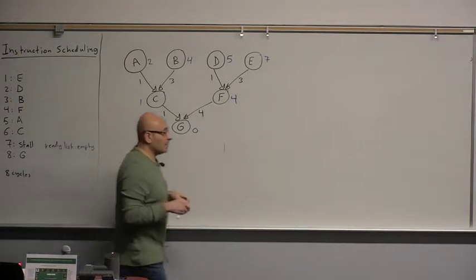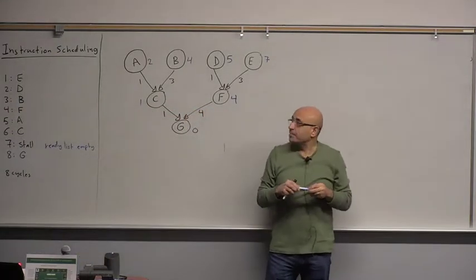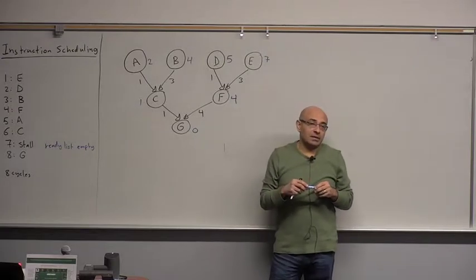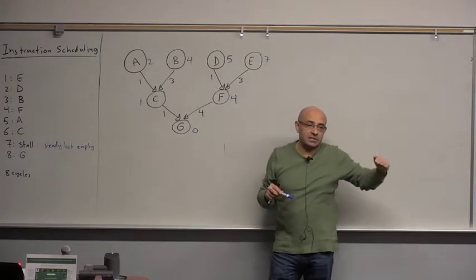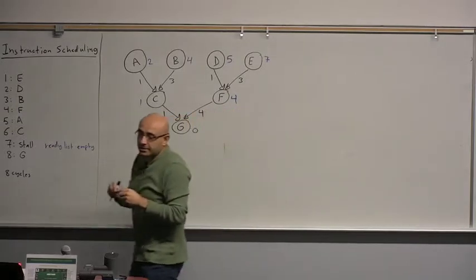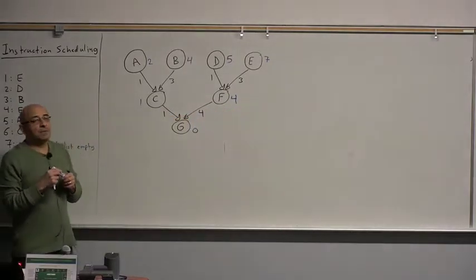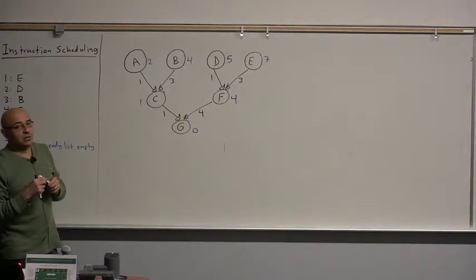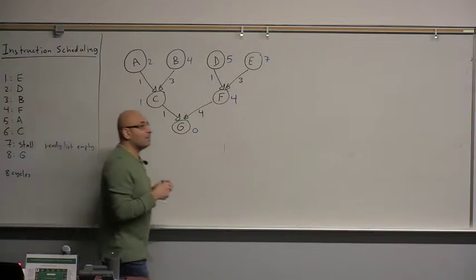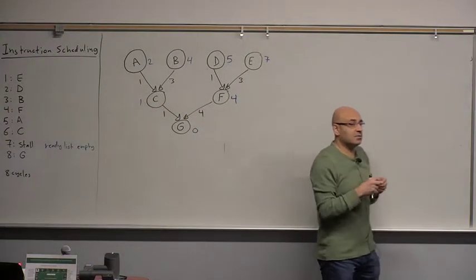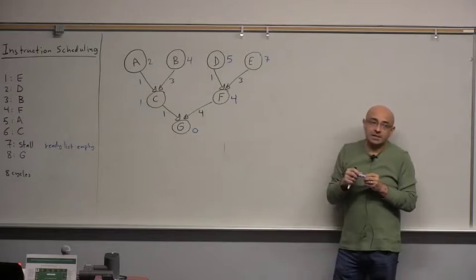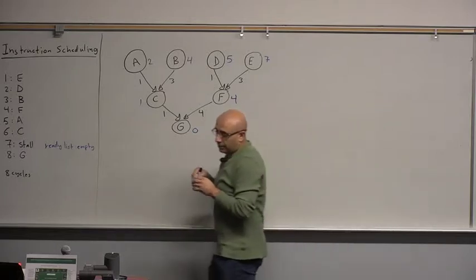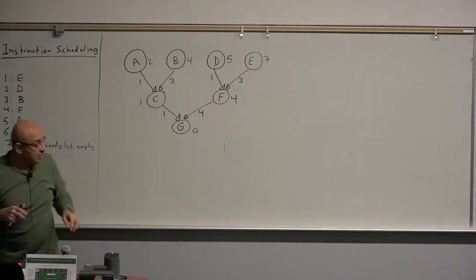But real machines are going to be multiple issue. You can issue multiple instructions in each cycle, and the latencies are not known precisely. Usually there is a range of latencies for some of the more complex instructions. But given this model, this is what we have.